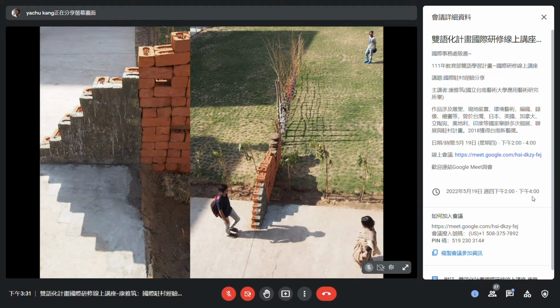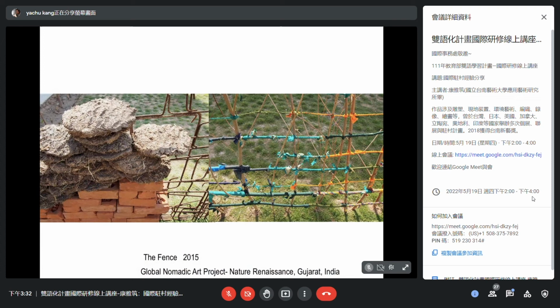But actually, this work is totally nonsense because I'm not really separating anything. I want to throw out the question for people to think about separation and the idea of border. So this is the detail.